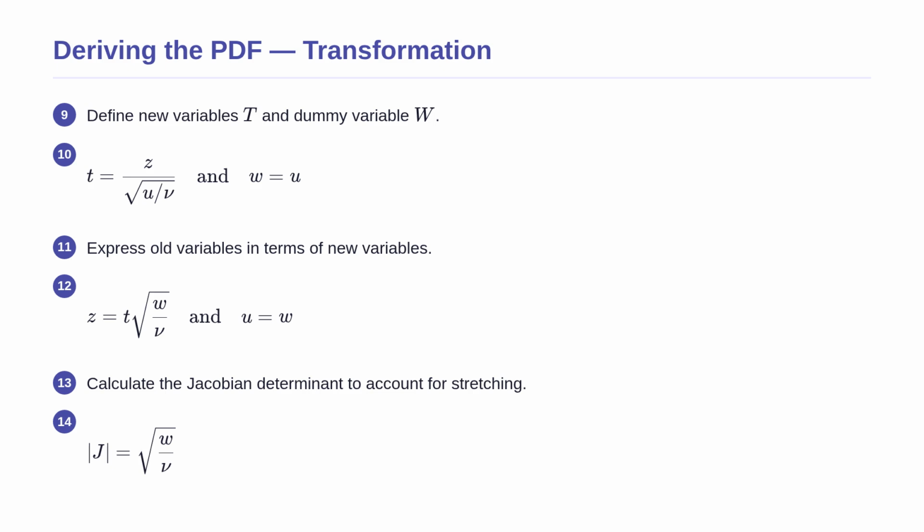To shift our mathematical perspective from the z and u coordinate system into the new t and w system, we express the old variables in terms of the new ones. When we transform variables in probability, we must account for how the area of the probability space stretches. We do this by calculating the Jacobian determinant of our transformation, which gives us the square root of w over nu.